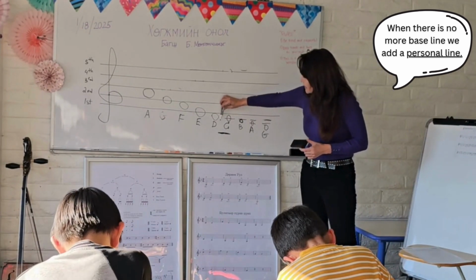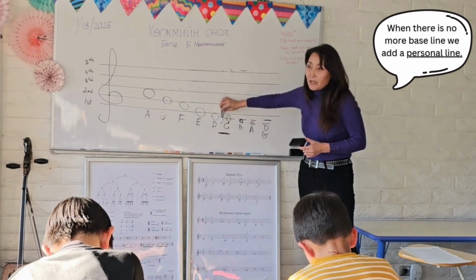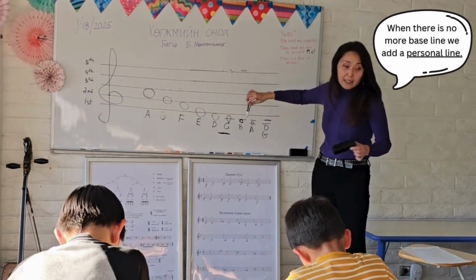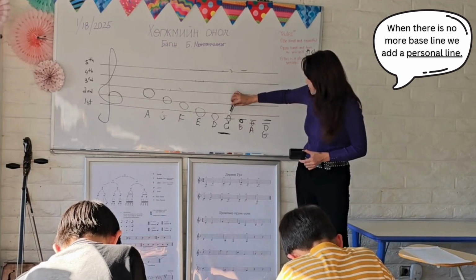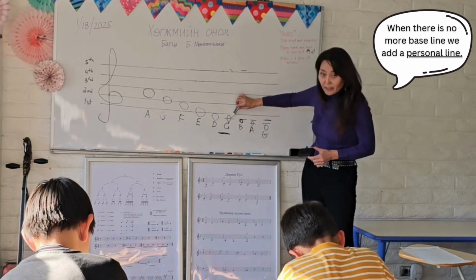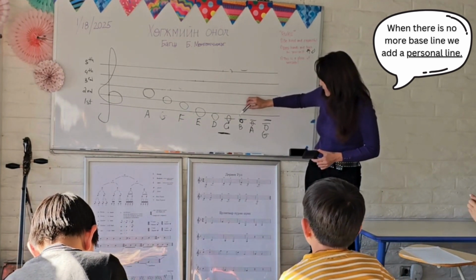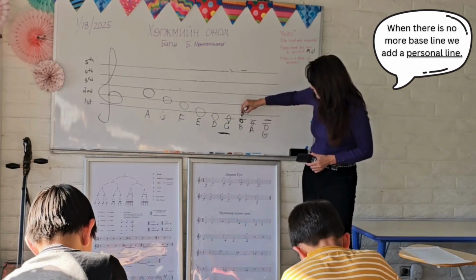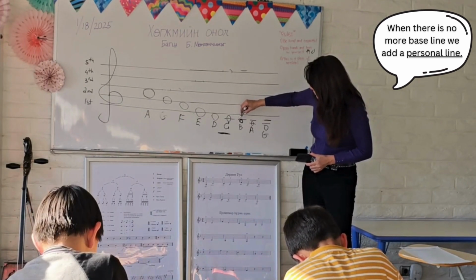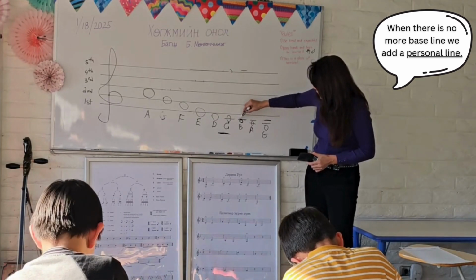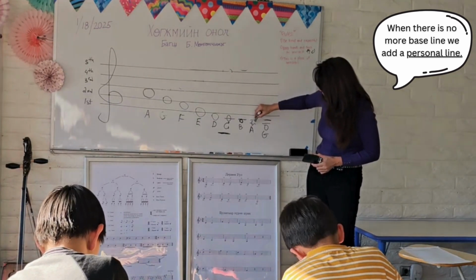So as soon as you hit the D, your line finishes, right? You don't have any more big, long lines. You're done with the lines. So that's why you add this little personal line here. And then we keep going, keeping this personal line all the way down.